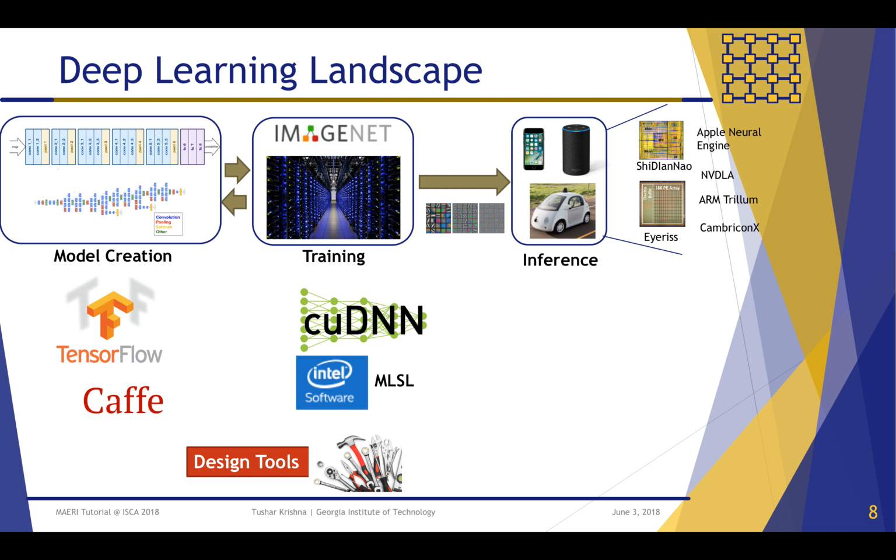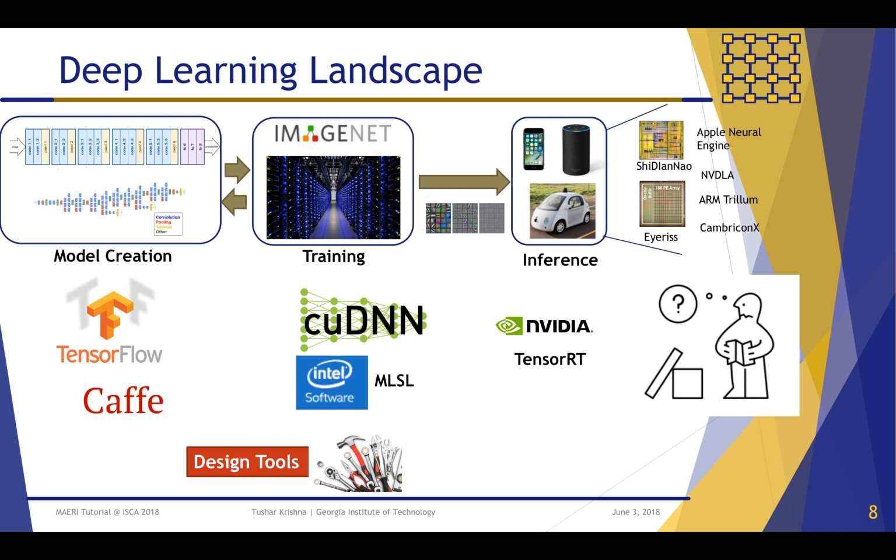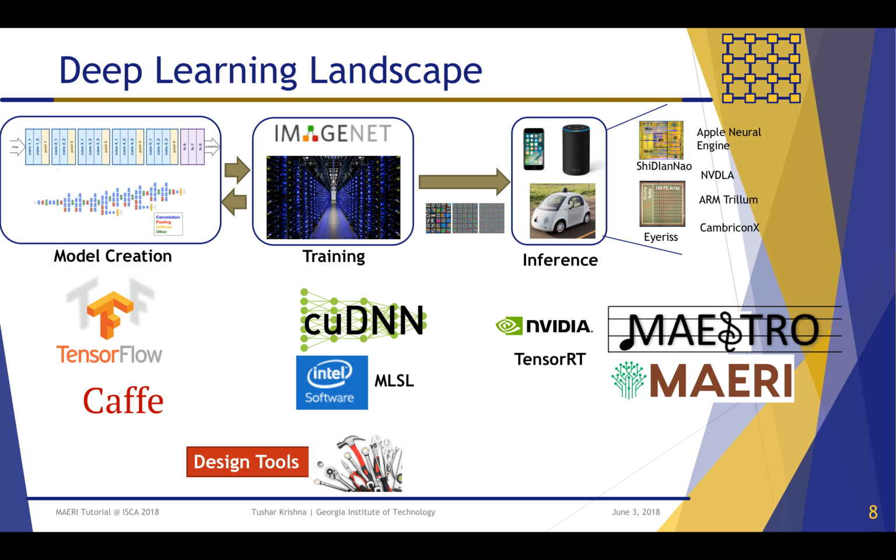For training, there are software packages across CUDA and Intel and other vendors that let you perform large-scale training. Even for inference, there are tools that let you optimize your neural network for your target platform. But on the hardware end, to actually design custom accelerators, unfortunately, our community doesn't yet have a lot of design tools to help you do rapid design prototyping, which is what we want to target with this tutorial.